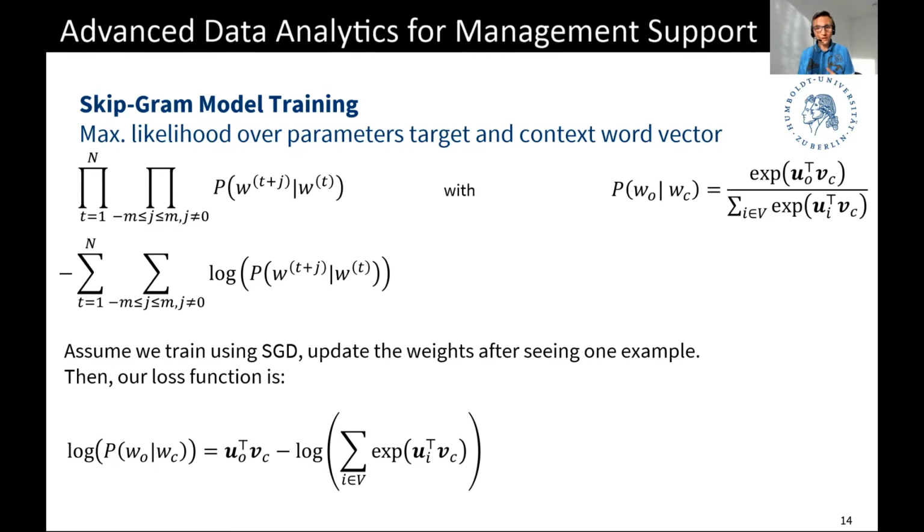And the context window we can denote by M, being some metaparameter, and then we look to the left of our central target word WT, 1, 2, all the way up to M steps. This is the minus M that you see here in the probability.